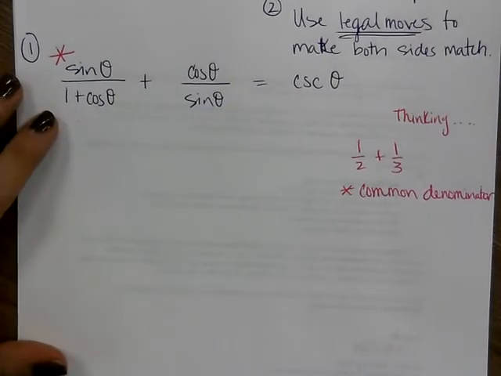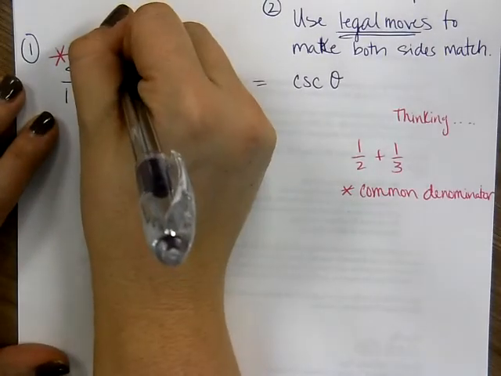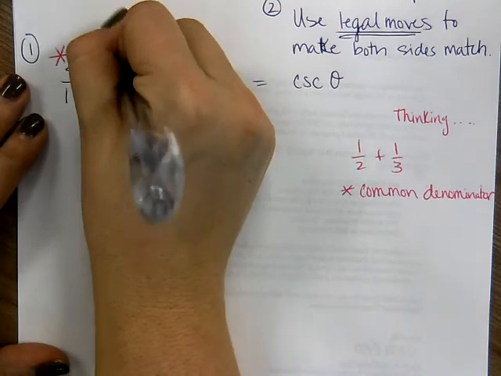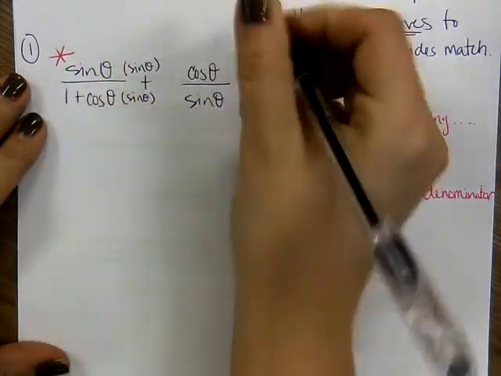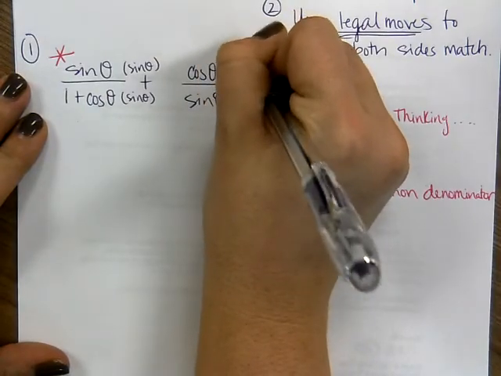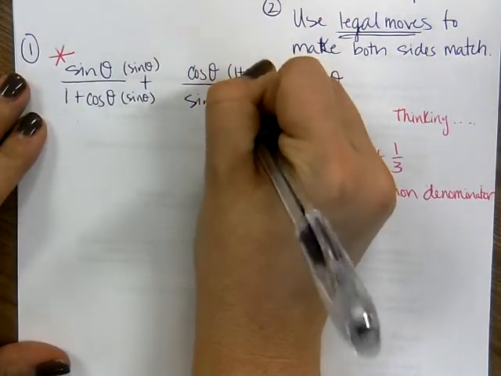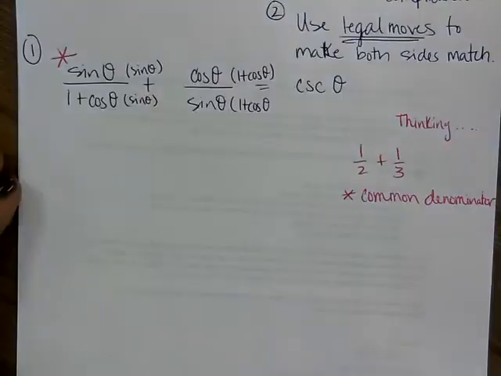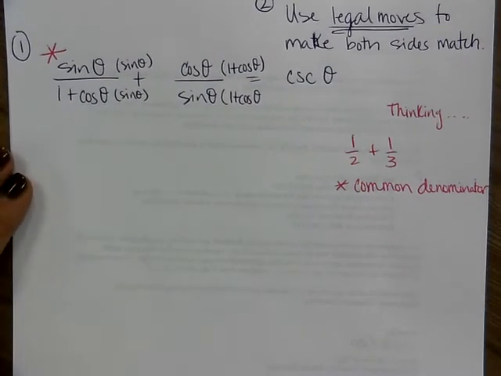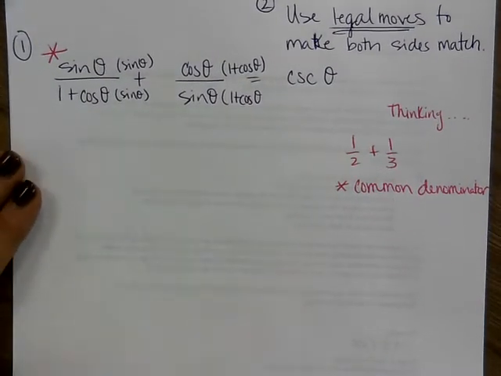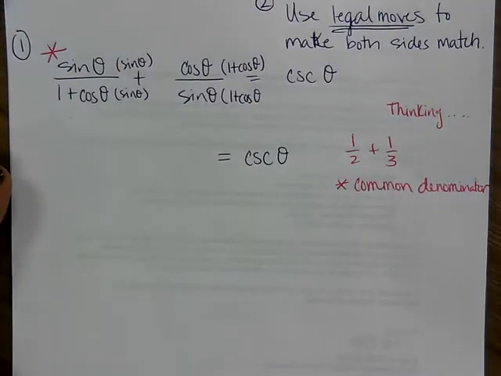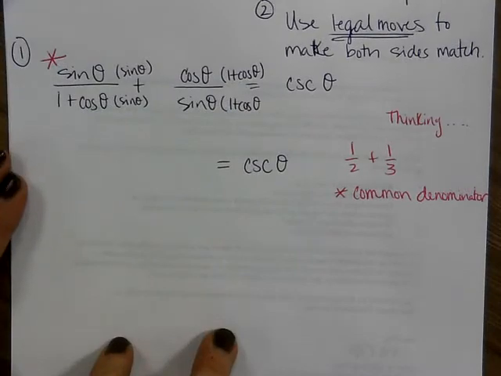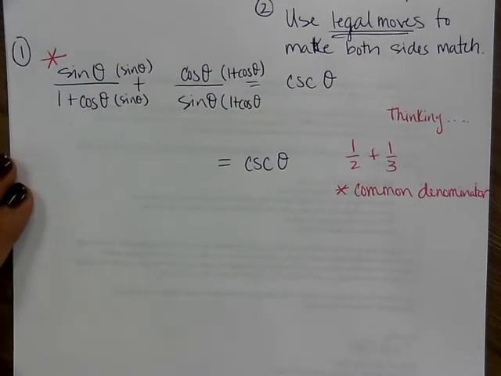So we get a common denominator. To do that, we're going to multiply this side by the sine of theta, and this by 1 plus cosine of theta. Now remember from before, every single time you're verifying, every step has to say equals cosecant until we get to the very end where it says cosecant equals cosecant.